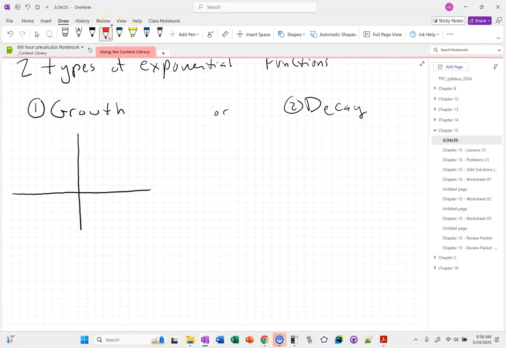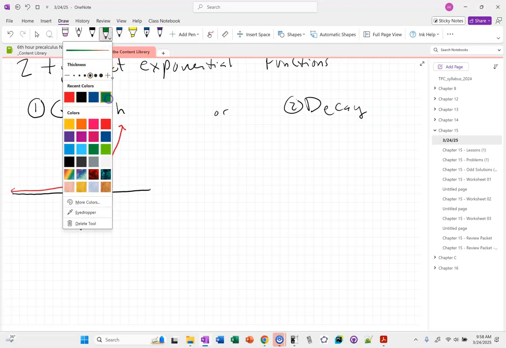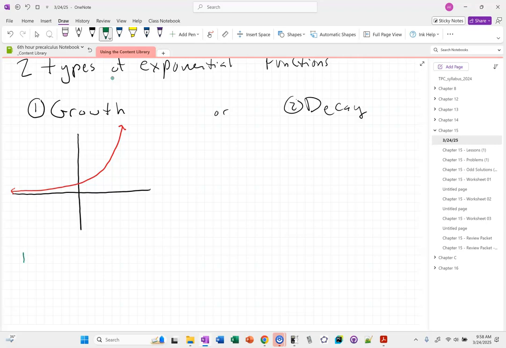For an exponential growth function, we'd want something that's getting bigger as we move from left to right. So it would look either like the red or the green.